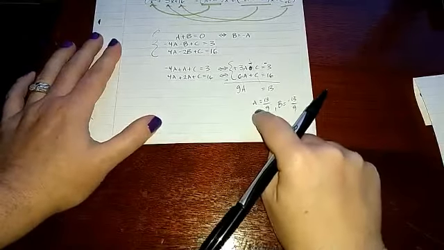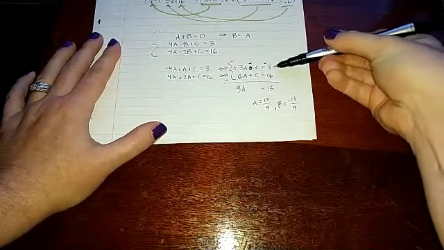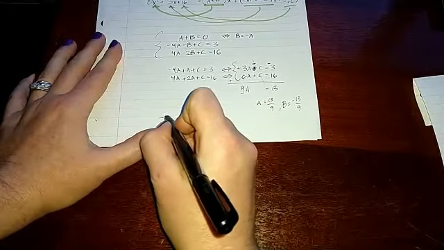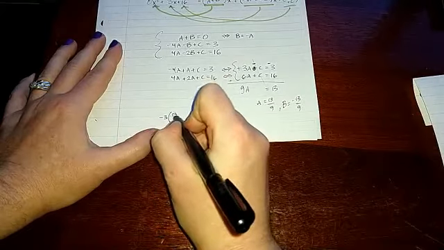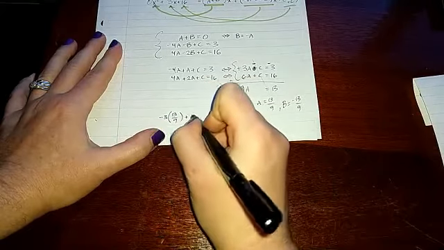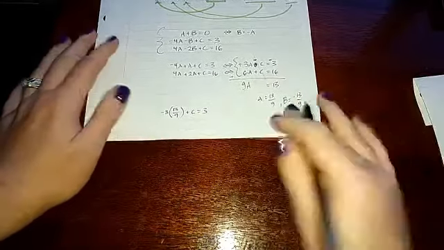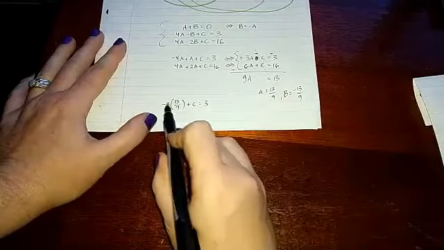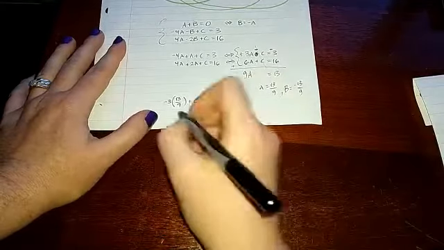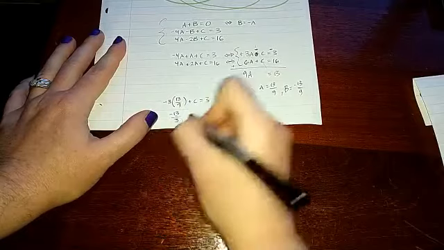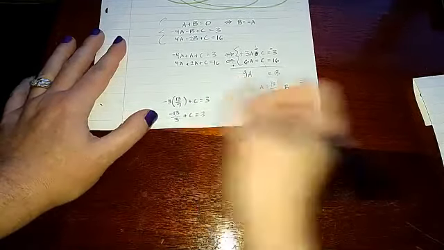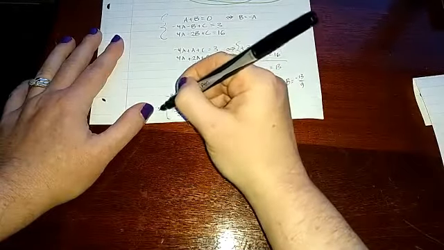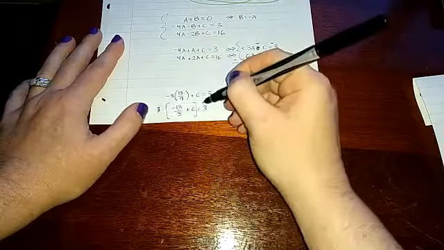So I'm going to plug a back into one of these equations here to find c. So negative 3 times a plus c equals 3. Let's see. 3 goes into 9 3 times. I'm just going to multiply everything by 3 to get rid of the fraction.